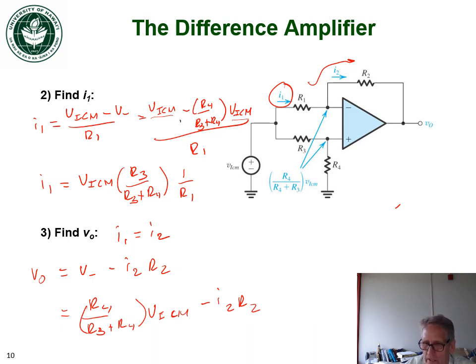And so the result there, if we solve for V out as a function of V input common mode, is the following. Now that's pretty messy. It's hard to quite understand what's going on there. So let's look at that a little bit more closely on the next slide here.